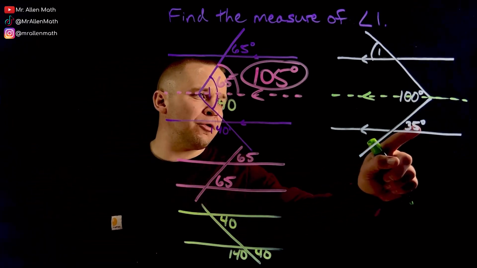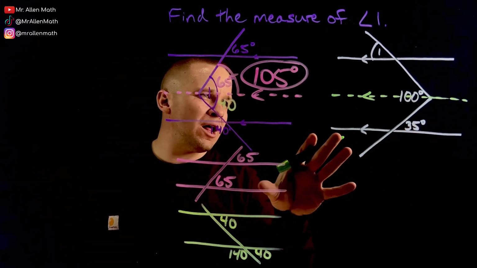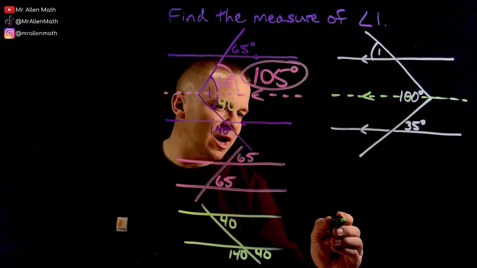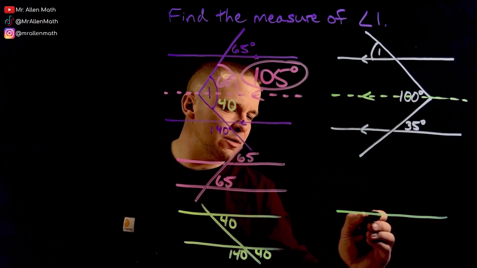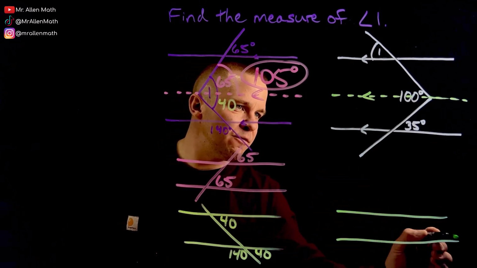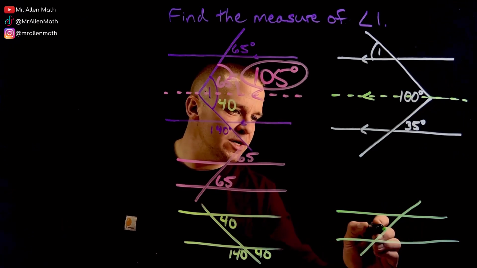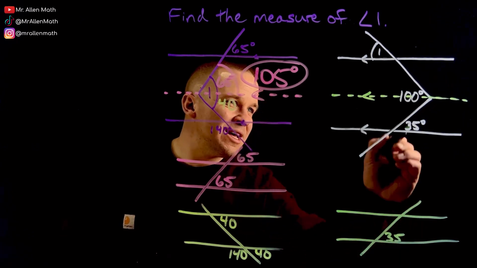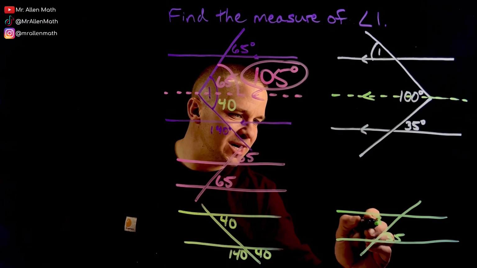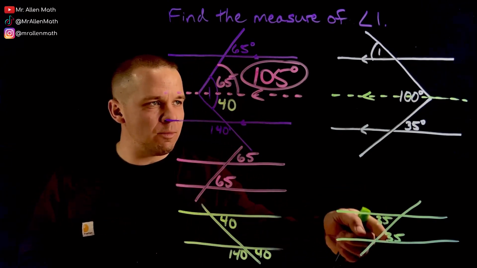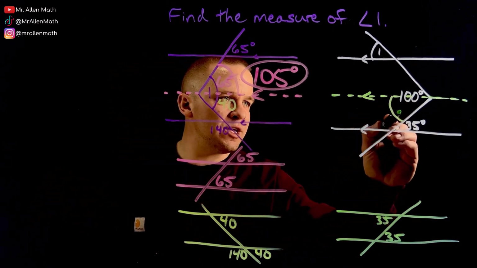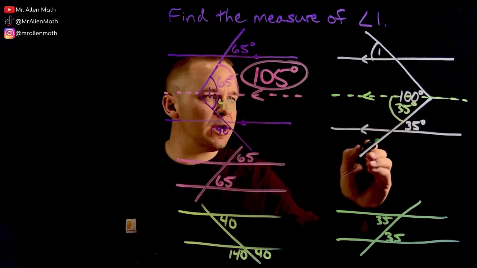But let's see here. I've got 35 here. And if I redraw that lower half, I'm going to draw it down low here because we're going to end up drawing the other part above it. So if I do that, this right here is 35. That means this angle right here, alternate interior, is 35 as well. So this part is 35 degrees.